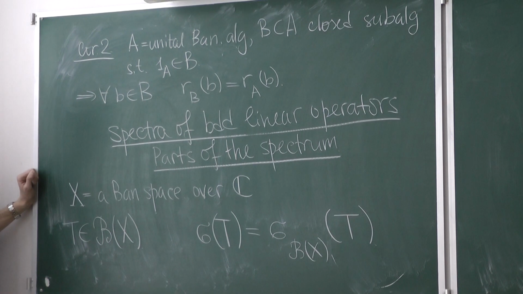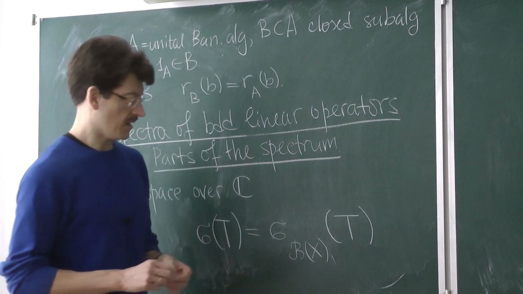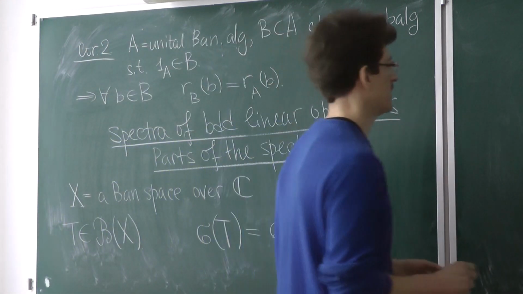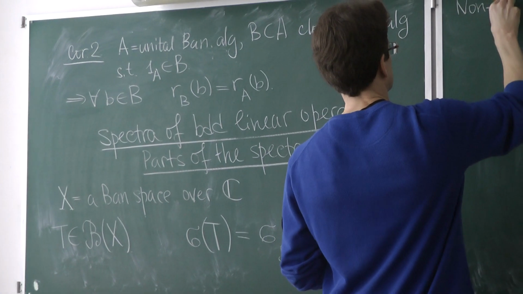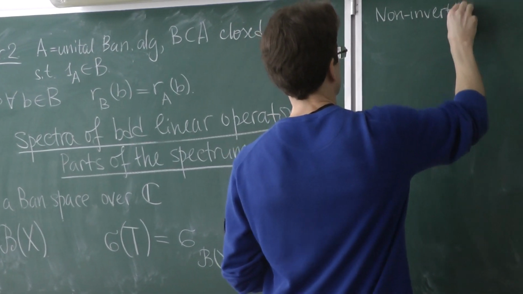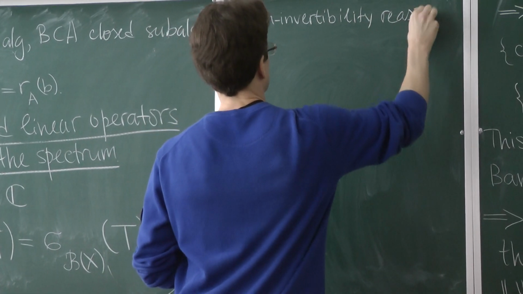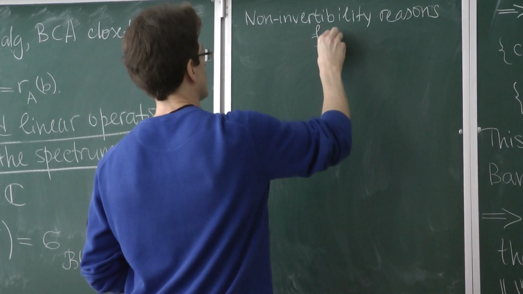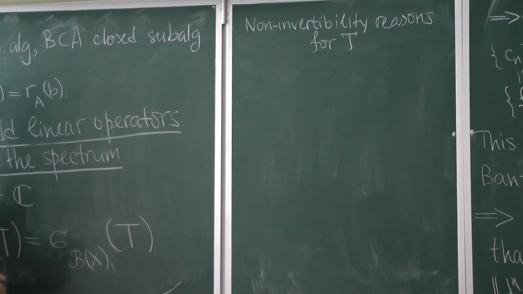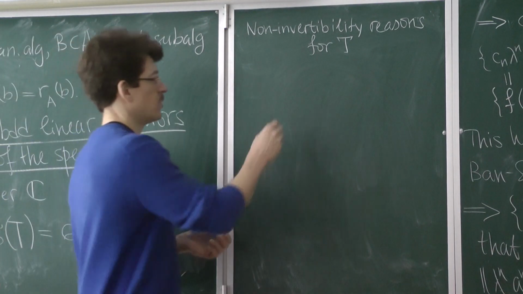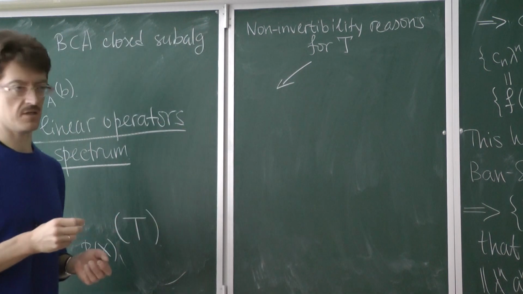Before we define parts of the spectrum, let's look at some non-invertibility reasons for our operator. There are several non-invertibility reasons. First of all, if T is not invertible, it can happen that the kernel of T is non-trivial.